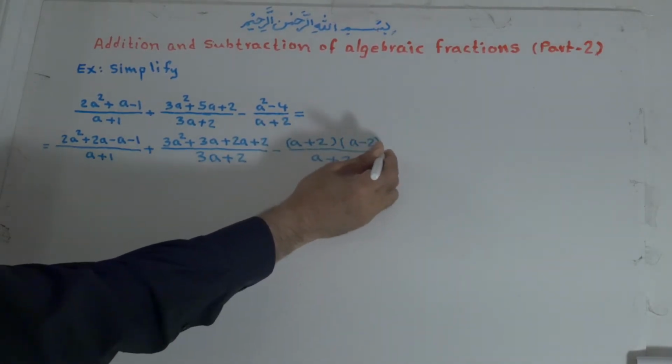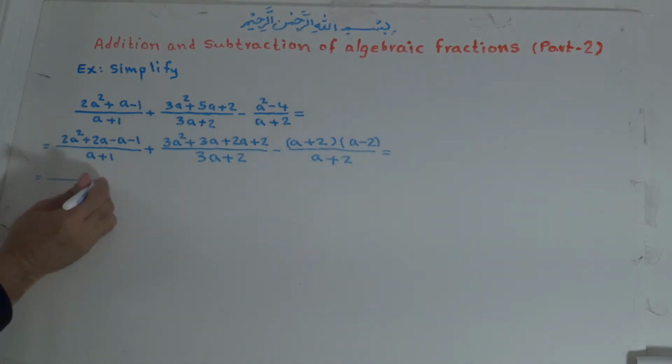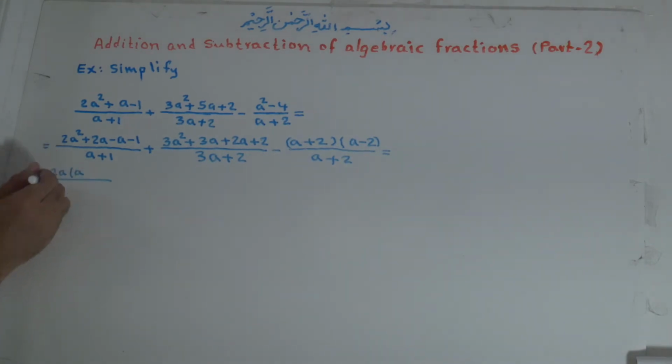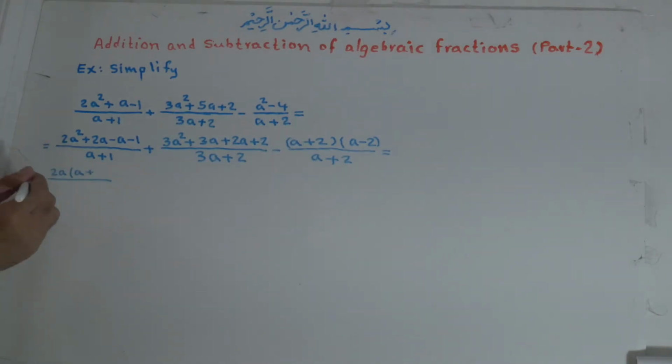Now we take common factors two by two. In the first fraction, what is common? 2a. So we take 2a out of the parentheses. Now what remains is a: 2a times a becomes 2a², plus 1.